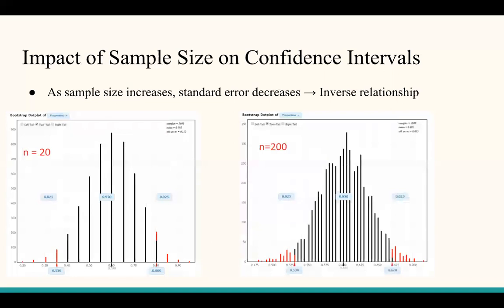It's not as representative of the population as a whole. But if you're surveying more people, you will have more representative data, therefore your confidence interval will be narrower. So the narrower your confidence interval, the more sure you are that your estimate is correct.